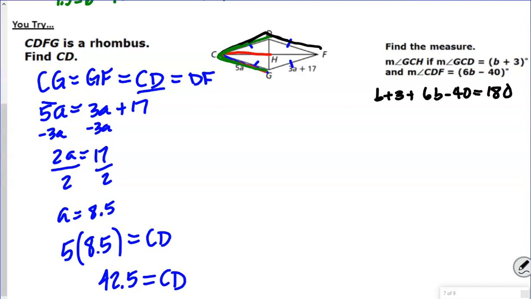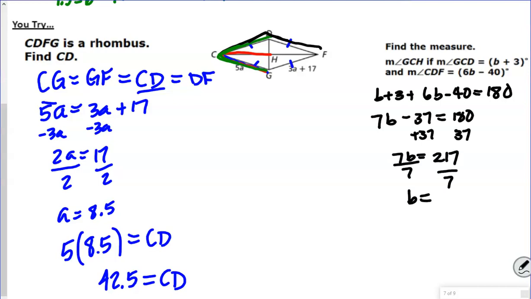So B plus 6B is 7B. 3 minus 40 is minus 37. That equals 180. We're going to add 37 to both sides. So that's 7B is equal to, what is that? 217. We're going to divide both sides by 7. So B is equal to 31.